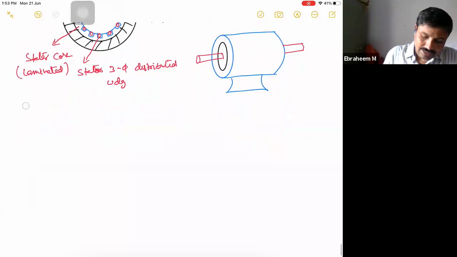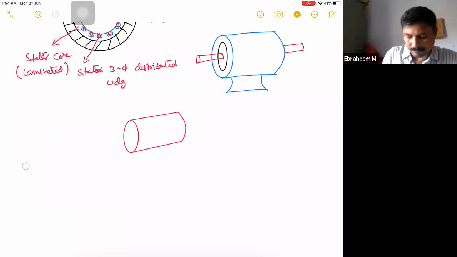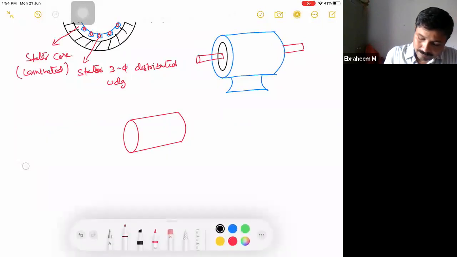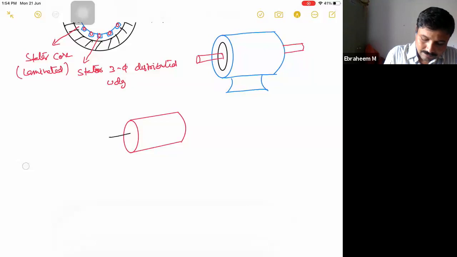Okay, if you take a rotor, it will have a shaft.